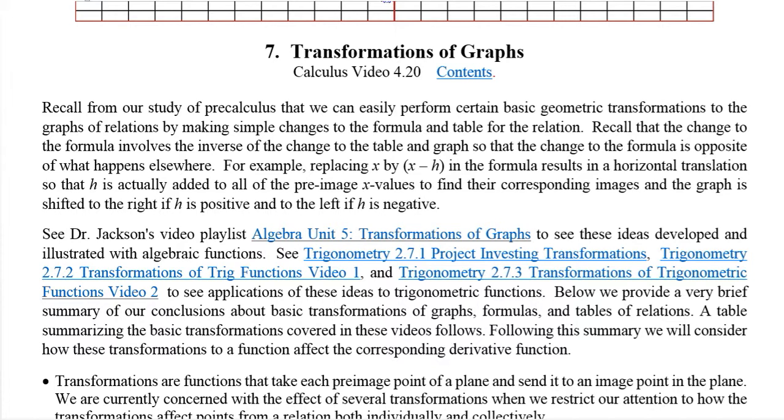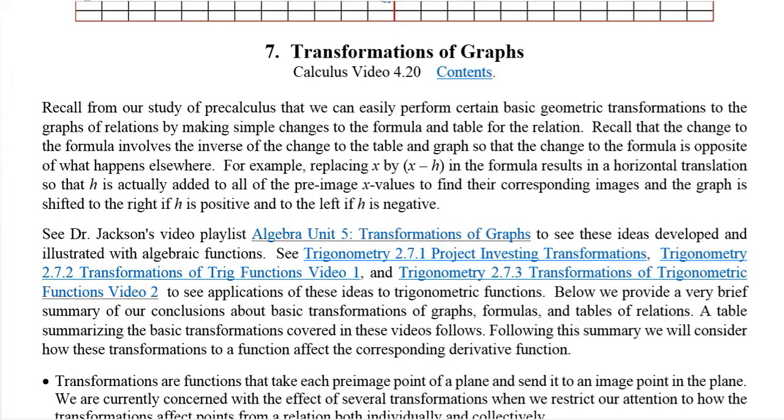In the formula you've replaced x by x minus h, but what really happens everywhere else is that you actually add h to x, leaving the y alone in the table of values. And of course that's how it changes the table from pre-image to image point. What that does with the graph is translate it horizontally. So if you're replacing, say, x by x minus 3, the graph will go 3 units to the right, and so forth. So it's kind of backwards there.